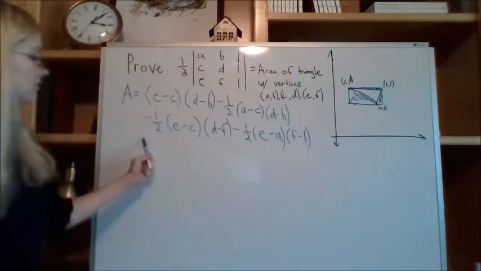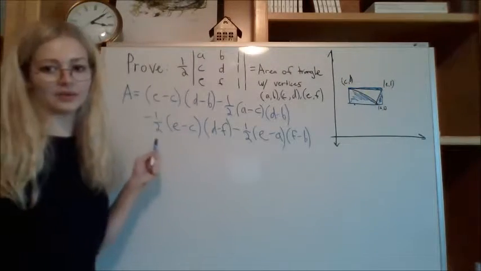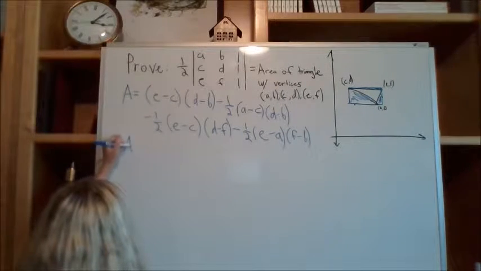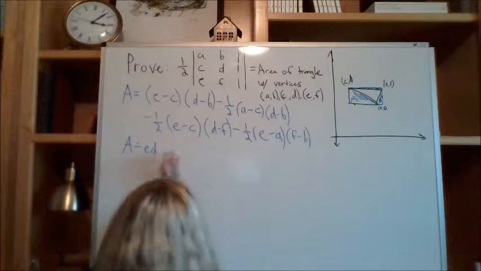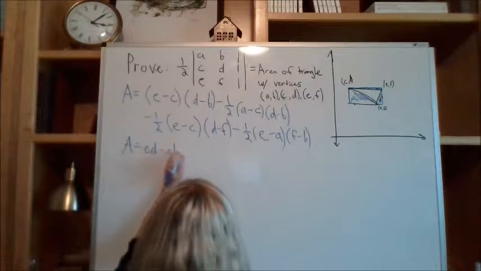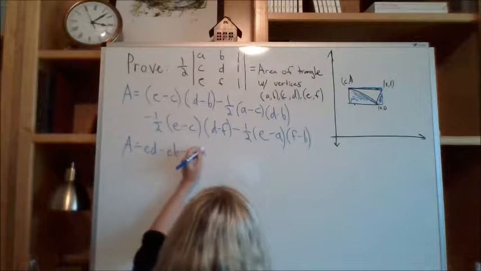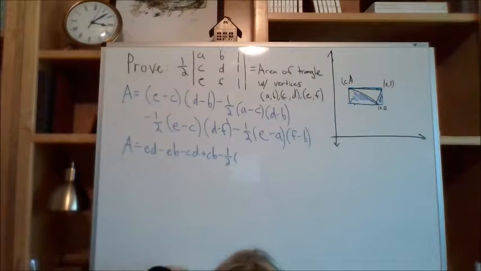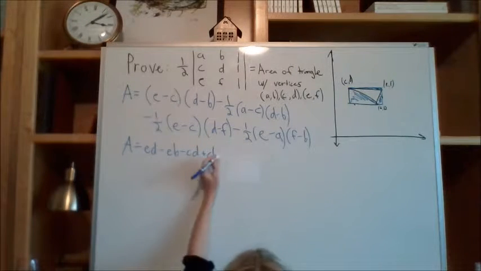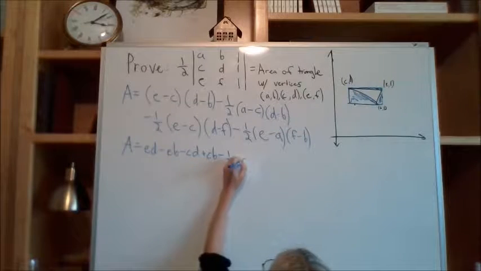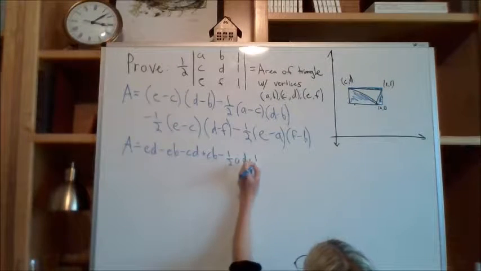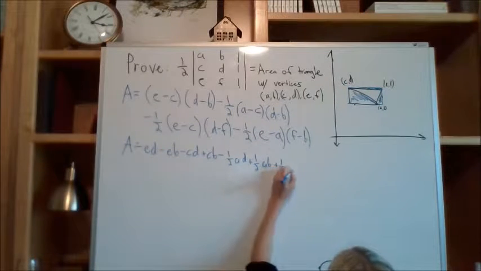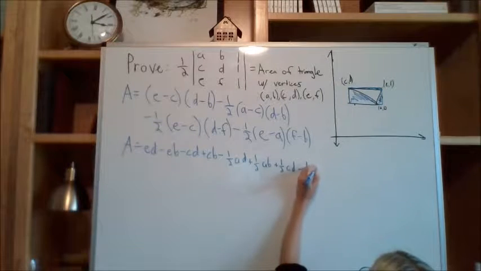And so here we have our area. Now all we need to do is simplify it. So area equals ED using FOIL minus EB minus CD plus CB, minus 1/2 times the quantity, or we can distribute this 1/2: 1/2 AD plus 1/2 AB plus 1/2 CD minus 1/2 CB.